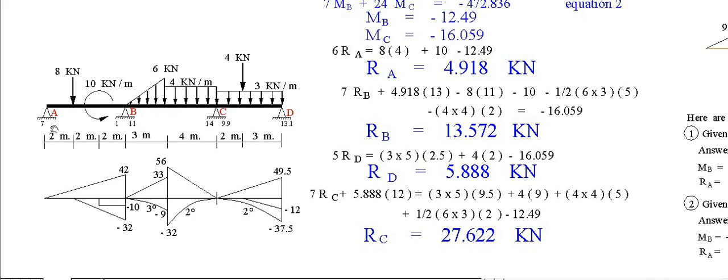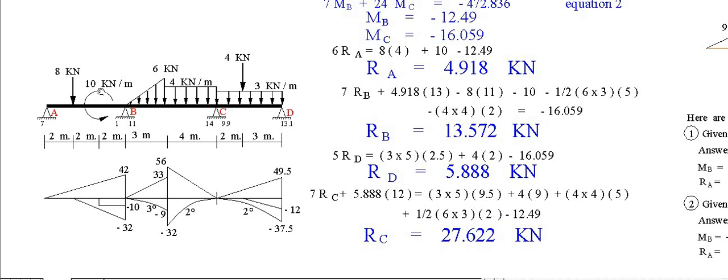Distance of RA is 6 and 7, 13. Then minus 8 times 11, 4 plus 7, 11.